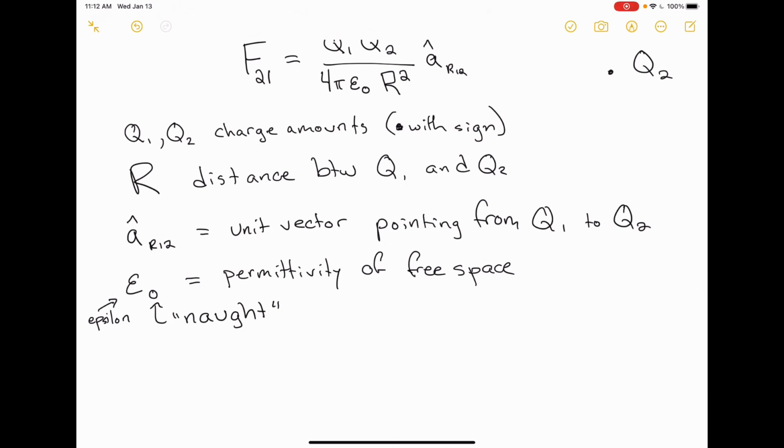We'll talk in a later chapter about what permittivity actually is, but free space is just another word for empty vacuum. And the value of epsilon naught is approximately 8.854 times 10 to the minus 12th farads per meter.